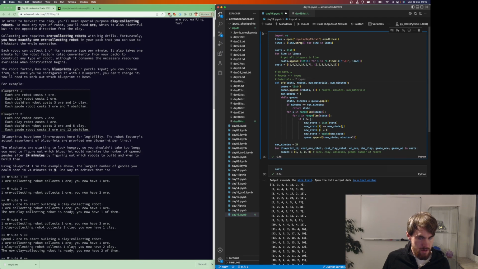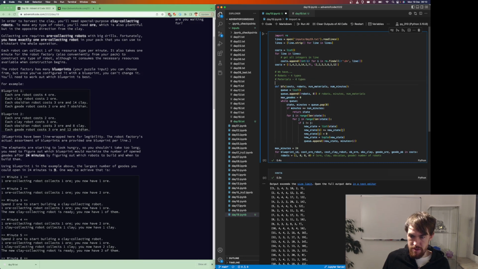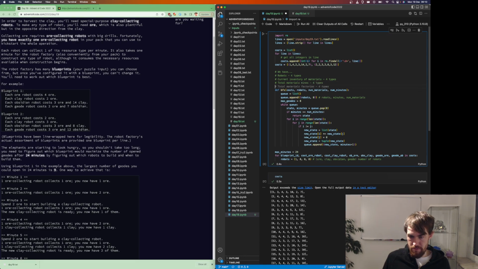Well, yeah. Materials: ore, clay, obsidian, and geodes. 4 types. And the question is, current stack of materials, like current inventory of materials, total materials mined, also 4 types. Okay.